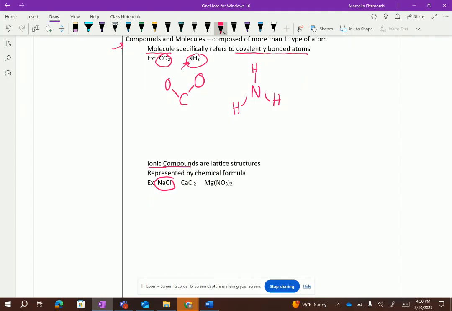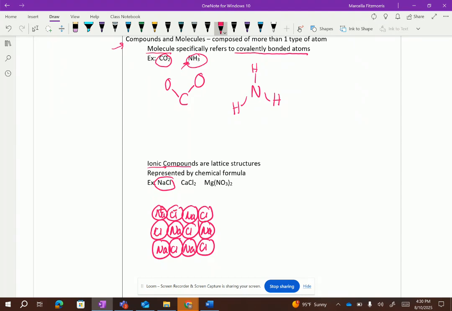Ionic compounds really exist as lattice structures, where there's a bunch of atoms together in certain ratios. And that ratio in this case is 1 Na to 1 Cl, 1 Na to 1 Cl, repeating over and over.